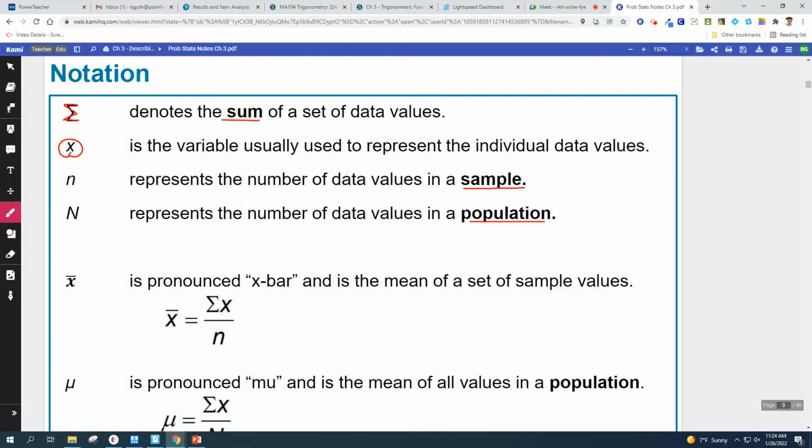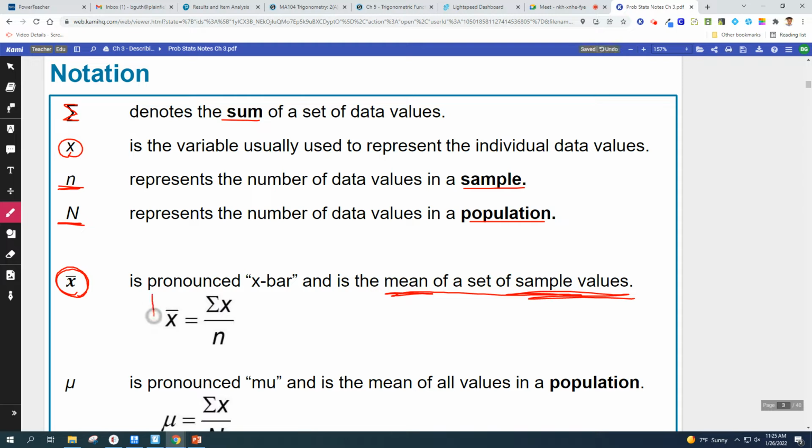It's going to be weird because we're going to have to think about whether we're talking about a sample or a population, because this N would be different depending on which one we're talking about. X bar, that's how that's pronounced, is going to be the mean of a set of sample values.